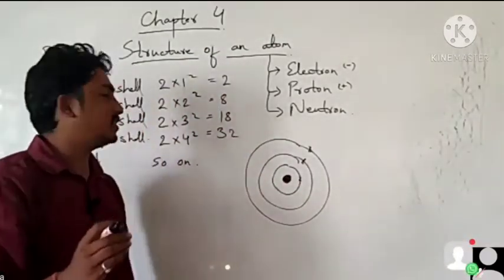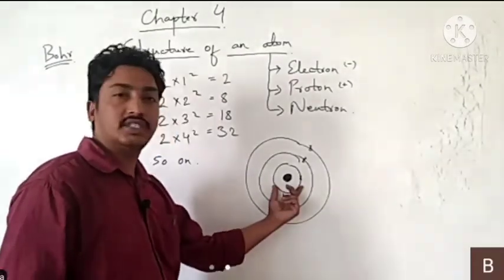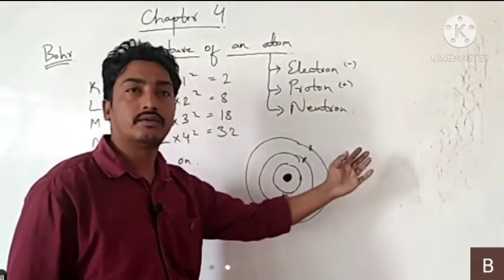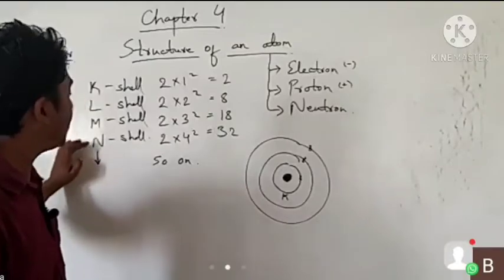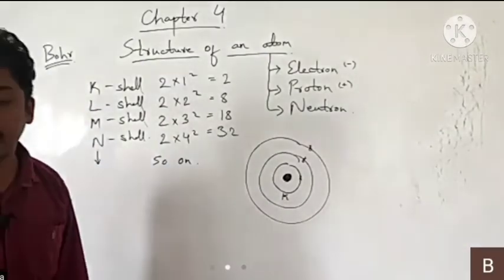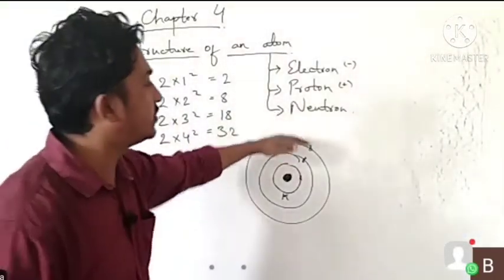Another criterion is that as soon as a shell is fulfilled, we fill the other shells, like the L shell, M shell and N shell and so on. The maximum number that can be accommodated is 8. If it is more than 8, we have to take another shell.